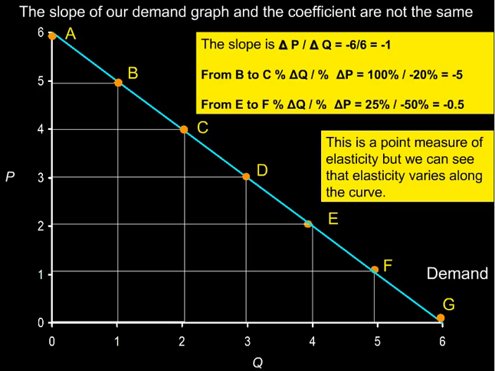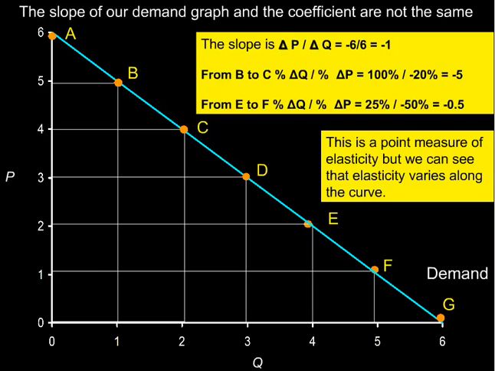It's obviously a negative number, because as price falls, goes in one direction, the quantity demanded goes in the opposite direction. But that's not the same as the elasticity, because if we look at just a movement from B to C, so the price was £5, and we're going to put the price down to £4, we're going to go from B to C. Well, in that particular instance, the elasticity, which is the percentage change in the quantity demanded over the percentage change in price, the percentage change in quantity demanded when we move from B to C is from 1 to 2, so we get a 100% increase in our quantity demanded.